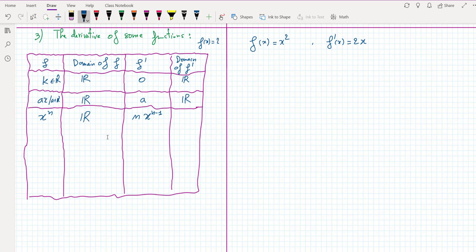If we apply this formula directly, we'll find the same result. So f prime of x is n, which is 2, times x to the power 2 minus 1, which is 2 times x. The domain of definition is R.